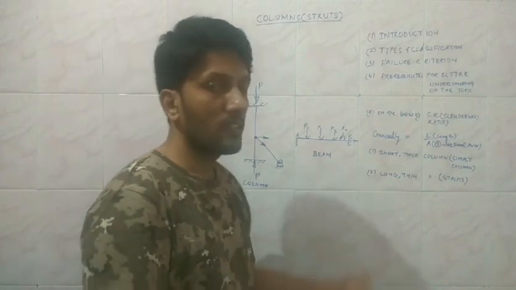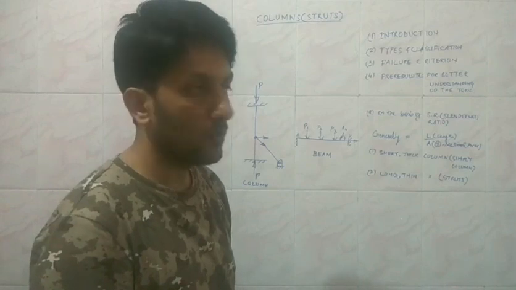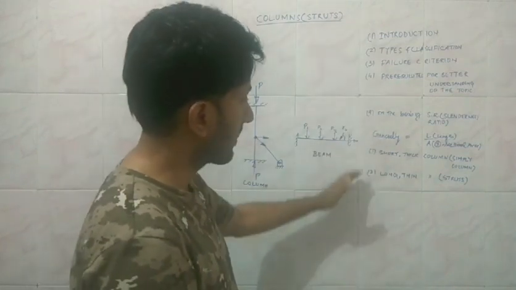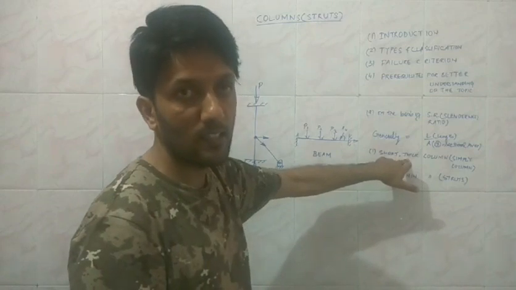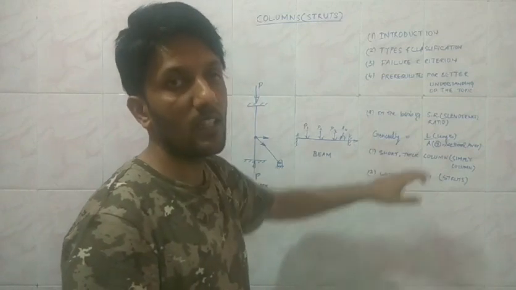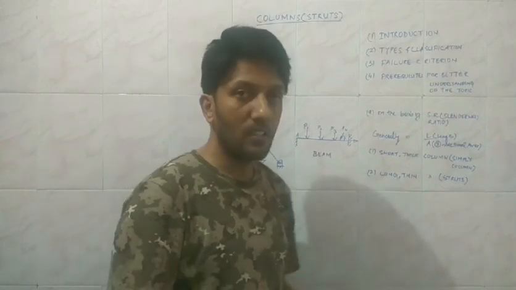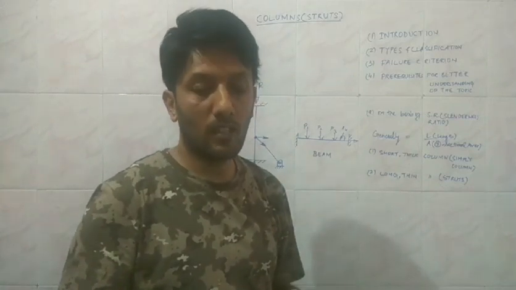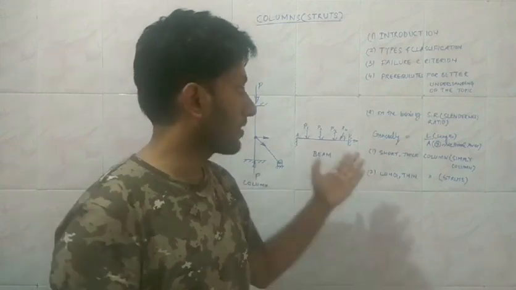So there is also a resistance to the bending moment that has to be taken into account, because the types we are categorizing here, short and thick, have a lesser tendency for bending, that is, a greater resistance to bending, and long and thin have a greater tendency for bending in comparison to the shorter one.